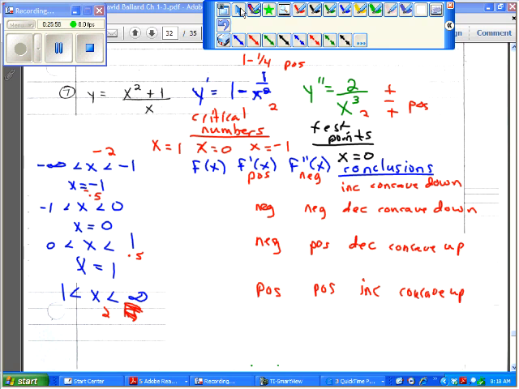If it's 0 in the second derivative, the test fails. Remember that. Okay? So we're going to plug in the critical number -1 in the second derivative. I'm going to have a positive over a negative, which is a negative.